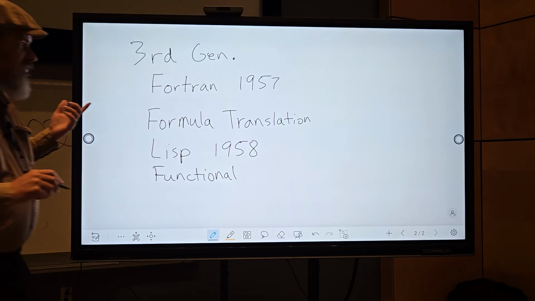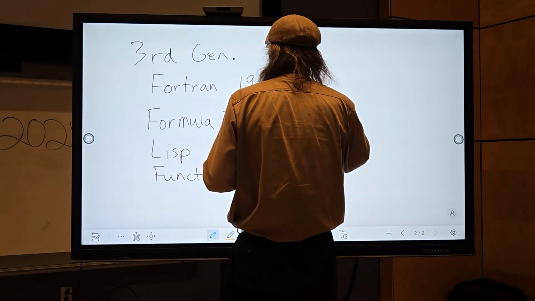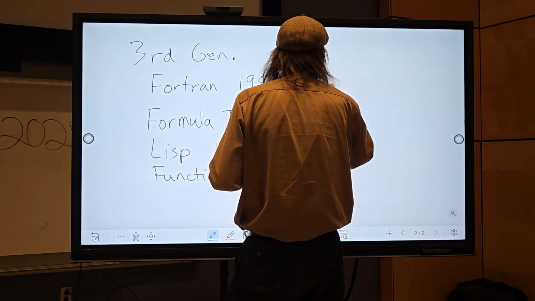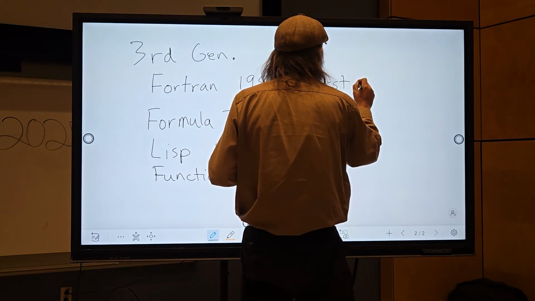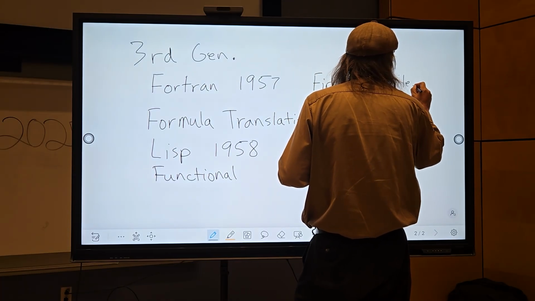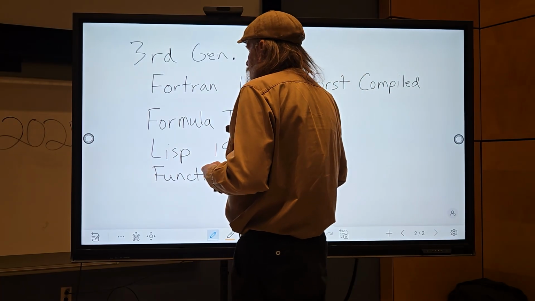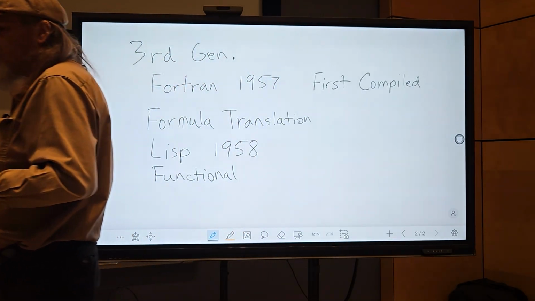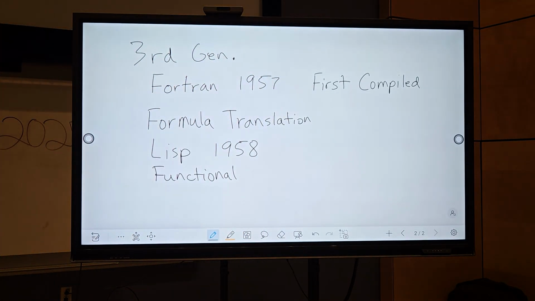So Fortran was the first compiled language, which means compiling is, of course, you know from CS 1 and 2, translating your high-level language instructions into machine code that can actually be executed.